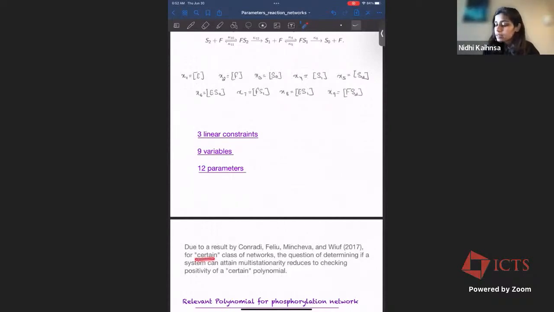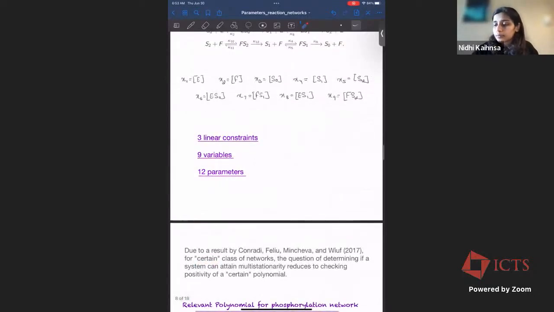What certain means is the class of networks where the trajectories are bounded, under some technical conditions. And this condition holds for our two-site phosphorylation network.